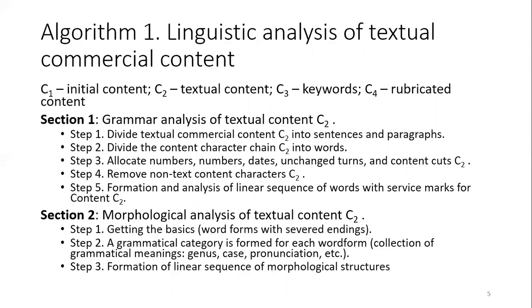We remove non-textual characters and analyze the linear sequences of words. Next, in section 2, we make morphological analysis of textual content. We identify the basic form of words, identify the grammatical categories for each word form, genus, case, pronunciation, and form a linear sequence of morphological structures.